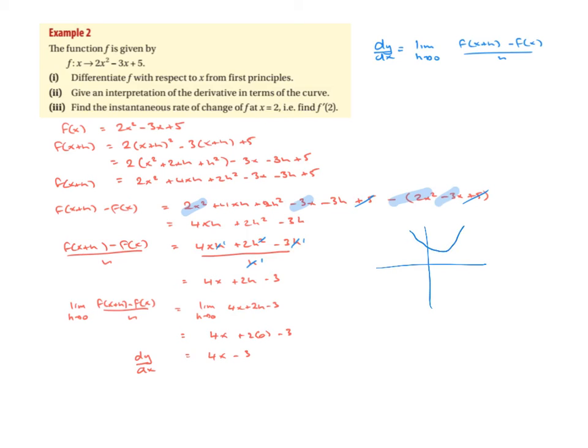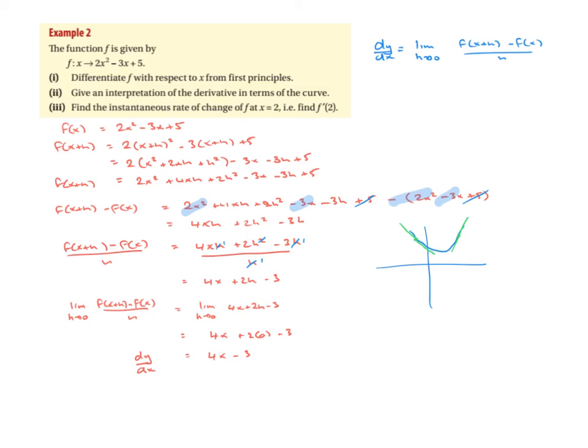And whatever point we take, like that or that, this dy dx function, what I like to call the slope function, will tell us the slope. Once we pick a point, it'll tell us the slope of the tangent at that particular point. So that's the interpretation of the derivative, or you can say it's the instantaneous rate of change at that point.